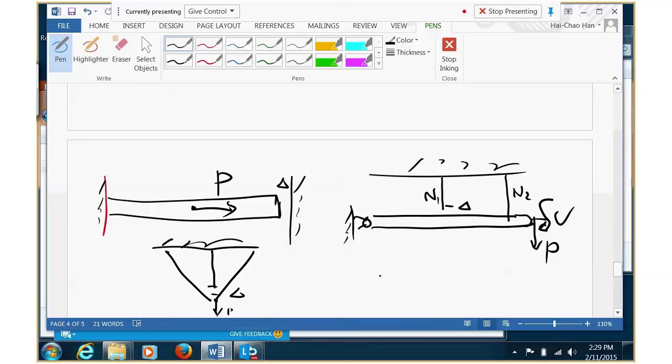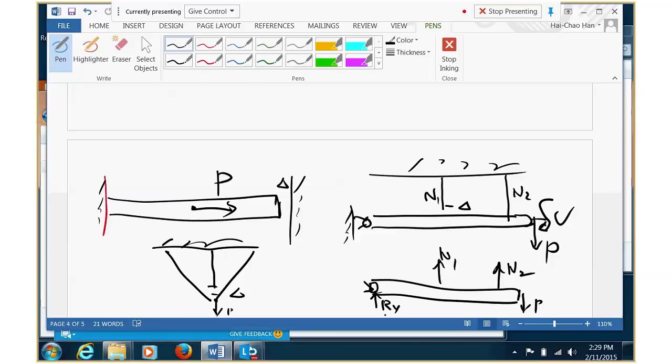If you draw the free body diagram, you have the load P here, then N2 here, and N1 here. And then you're going to have a reaction force, Ry here. Now, 3 unknowns, 2 equations. That's why it's indeterminate. So what's the equation of equilibrium?